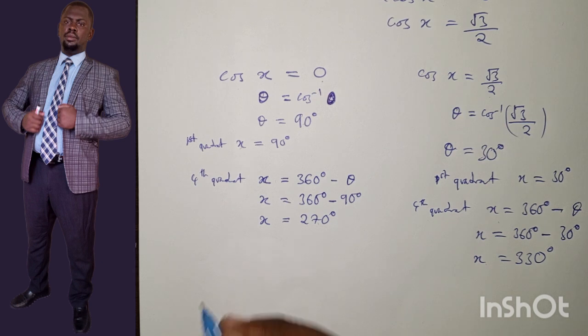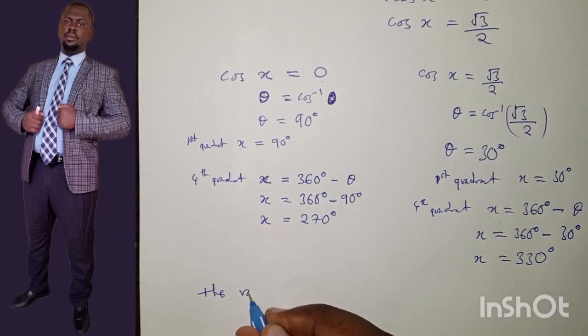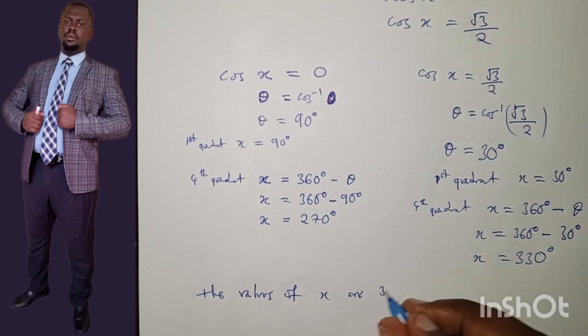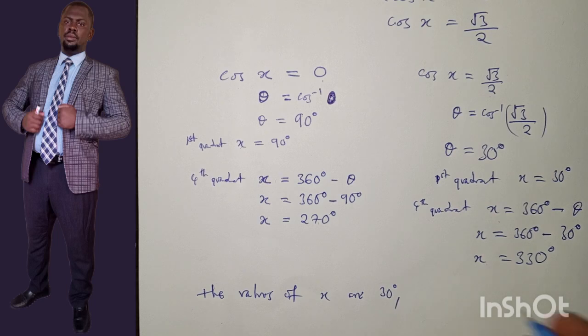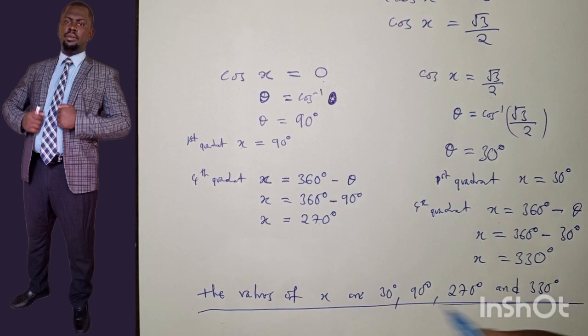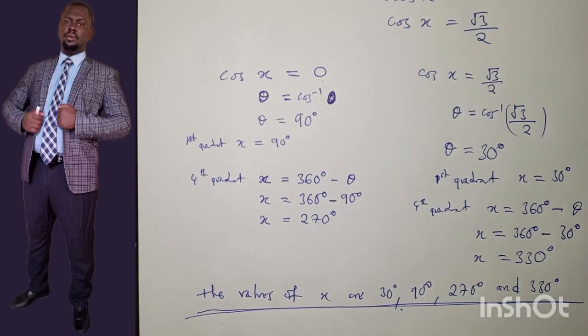So the values of x are 30 degrees, 90 degrees, 270 degrees, and 330 degrees. So that is the answer. That's how you're supposed to work it out.